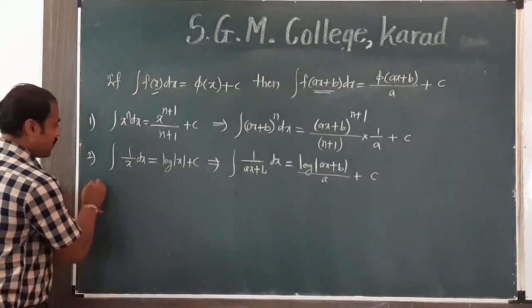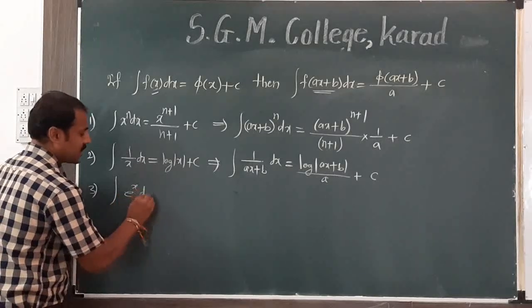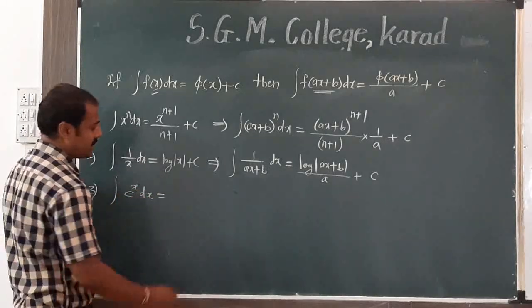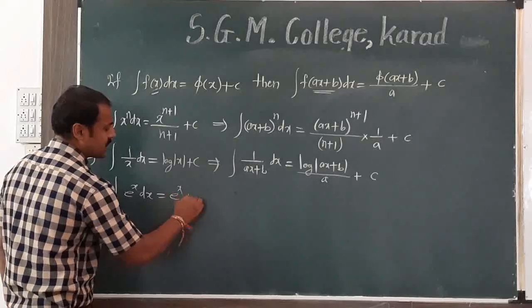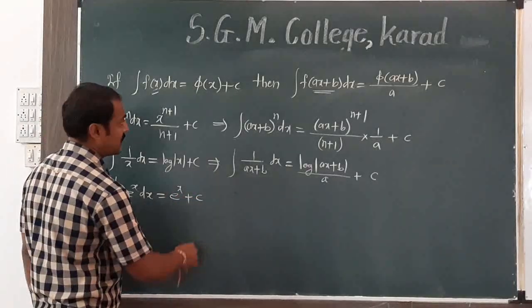Third, we know that integration of e raised to x is again e raised to x. So integration of e raised to x dx is equal to e raised to x plus c.